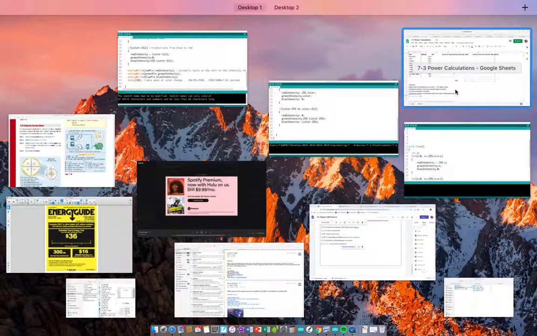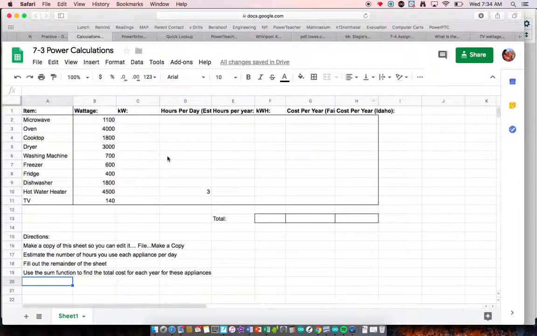Your assignment is on the website. You're going to go and check this sheet out. I've given you rough wattage for each of these appliances. You're going to convert everything using the equation in Sheets to kilowatt hours. And I want you to estimate the number of hours in a day that you would use these. You're then going to multiply that into hours per year.